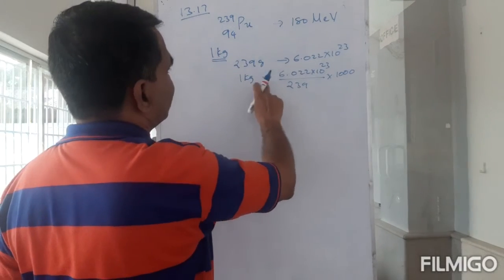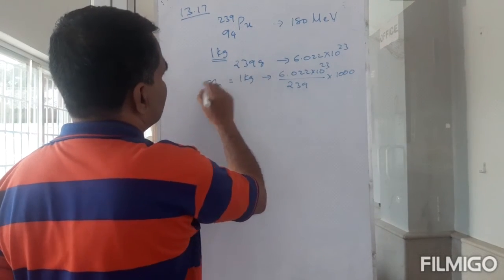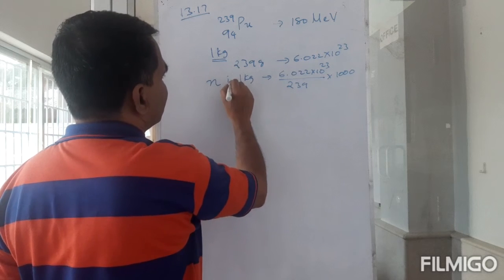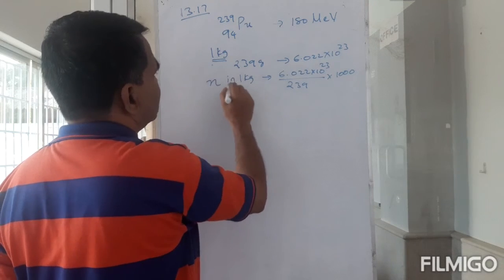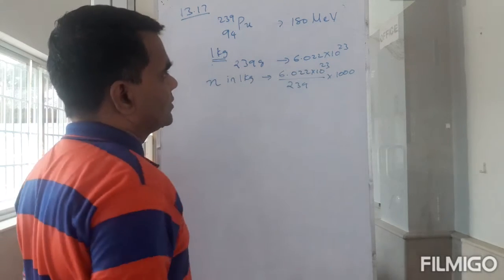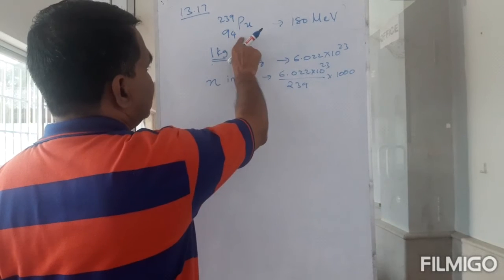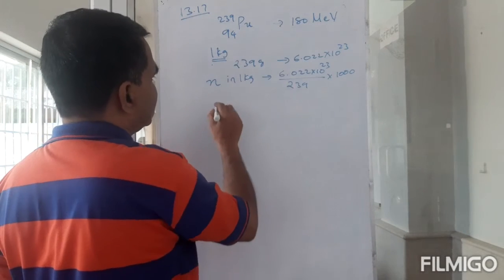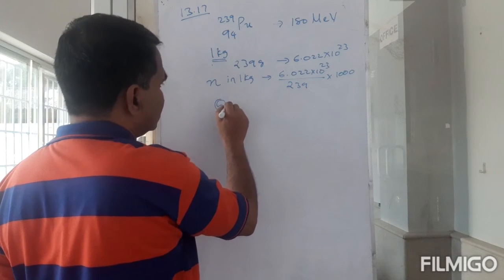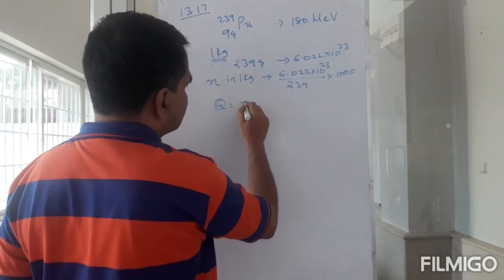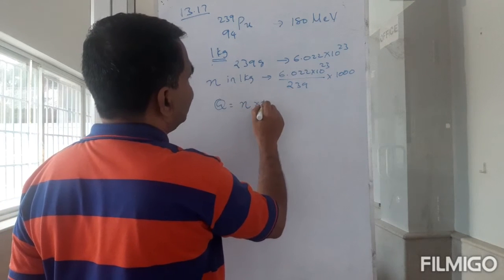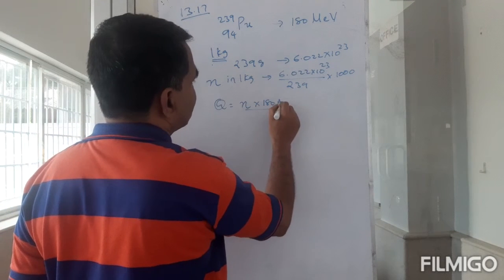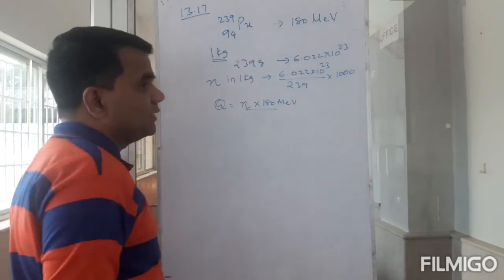So you find the number of atoms in 1 kg, and that is per nucleus. So the energy Q is going to be equal to this number times 180 megaelectron volt. So it's a very simple problem to do.